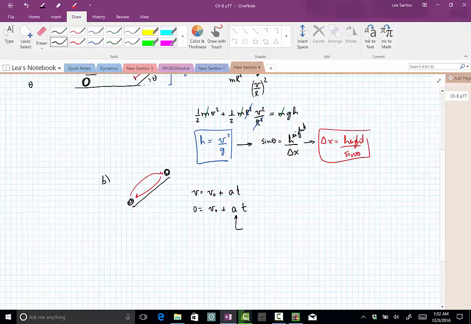Well, how can I find this acceleration? I could use, for example, this equation: V squared is equal to V naught squared plus 2a delta x. Everything here we do have. We know that at the end, at maximum height, we have 0 velocity. We know the initial, and we know the delta x that we just computed on the top, so we can find the acceleration.